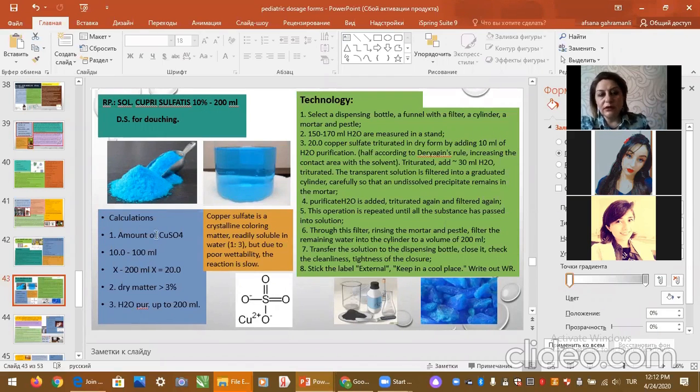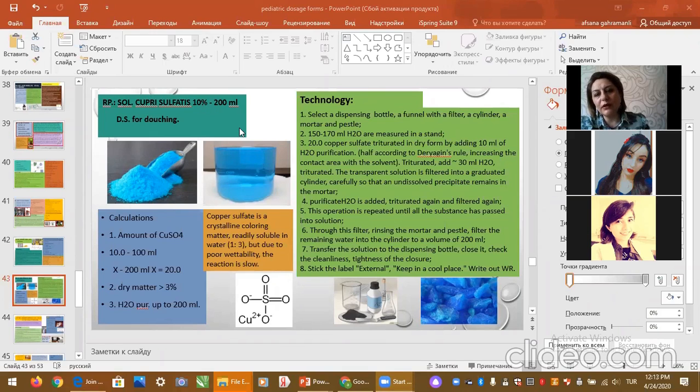How we calculate amount of cuprum sulfatis? If they are 10%, it means how many we must take for 200 milli, my dears? Mustafa, Mushtaba? In our prescription written 10% cuprum sulfatum.